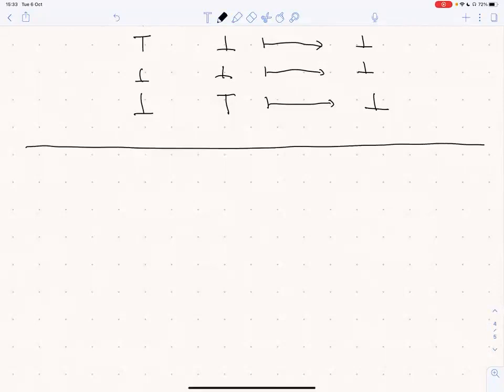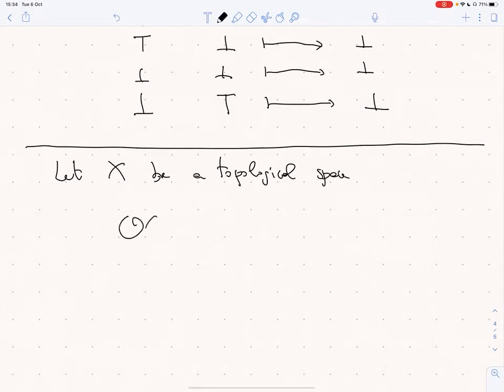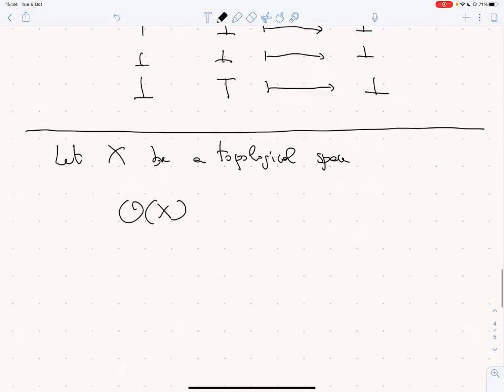So for example, let X be a topological space. Then we can define O(X), and this is a category. Who is this category?